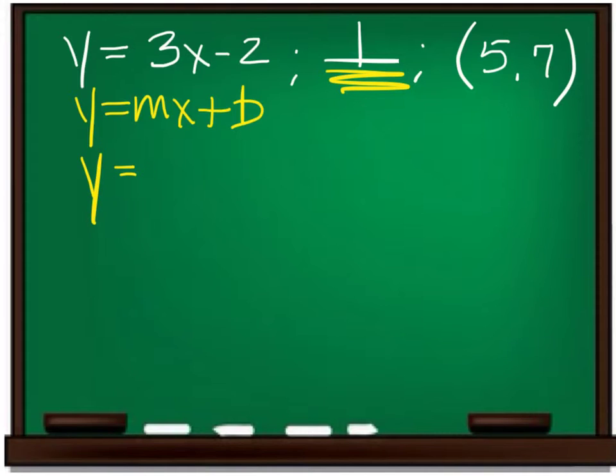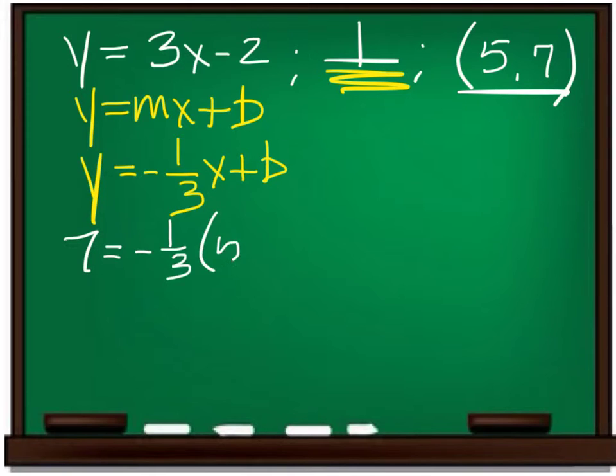Flip 3 to get 1 over 3 and change it from positive to negative. And once you do that, you plug in the point 5 and 7 to get 7 equals a negative third times 5 plus b.